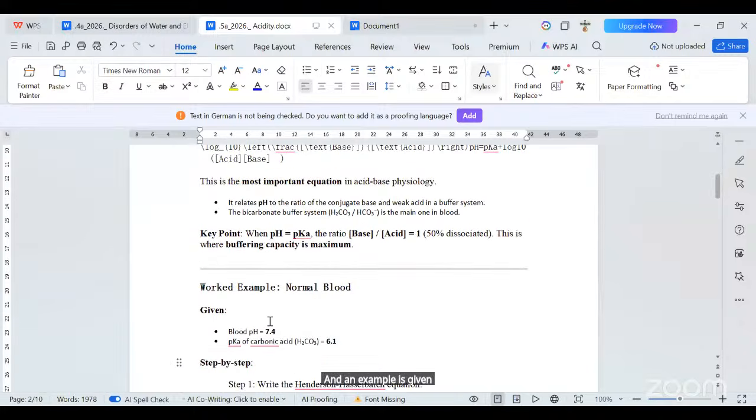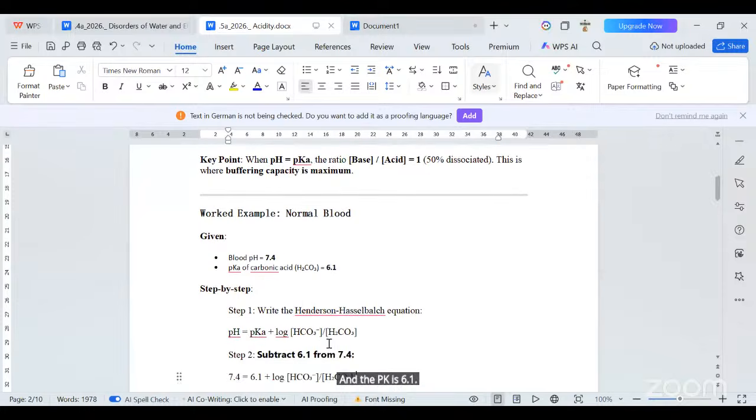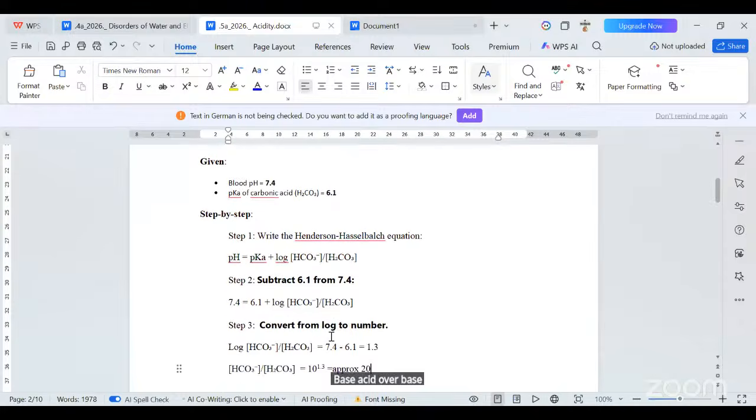These are the values given. Blood pH is 7.4 and the pKa is 6.1. Now the equation states that pH equals what? pKa plus log of bicarbonate, HCO3, over what? H2CO3. Base over acid. So let's see. The value given for blood pH is 7.4, inserted.